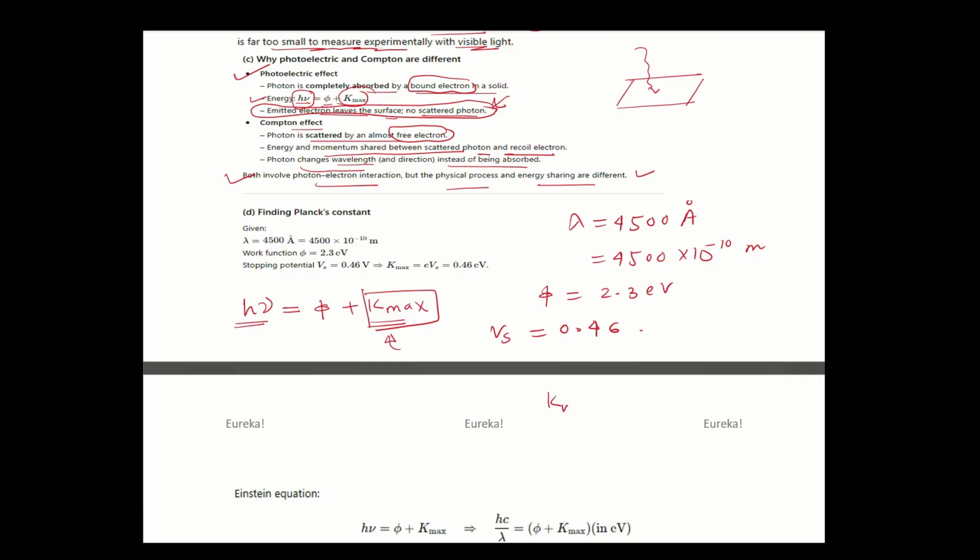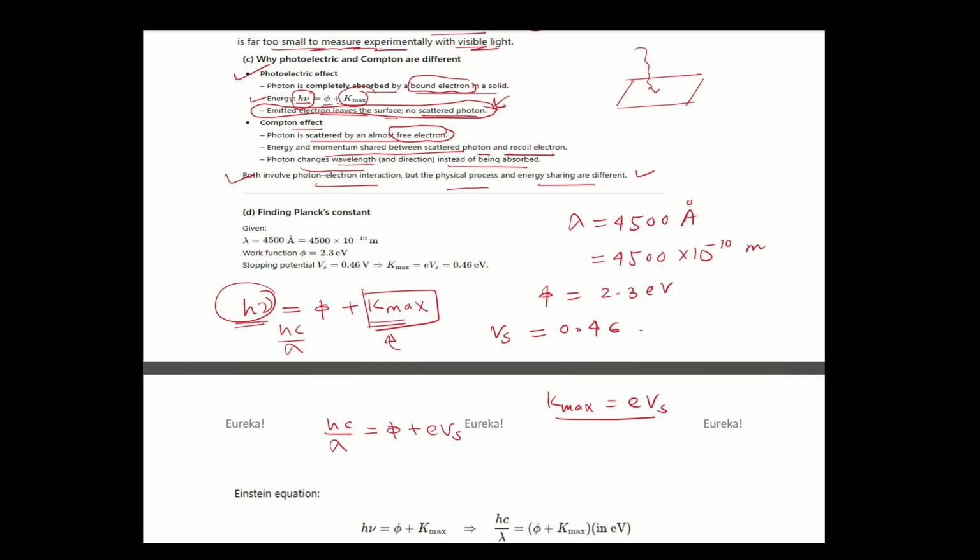So K max equals e Vs. Here nu is c by lambda, so hc by lambda equals phi plus e times Vs.